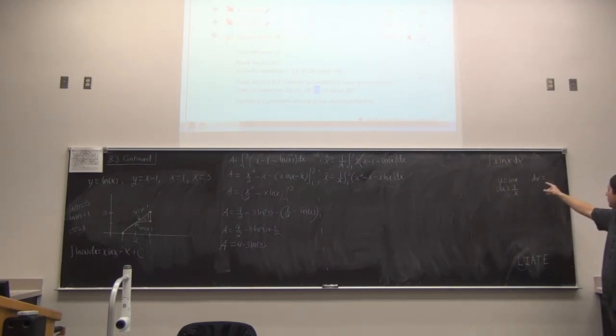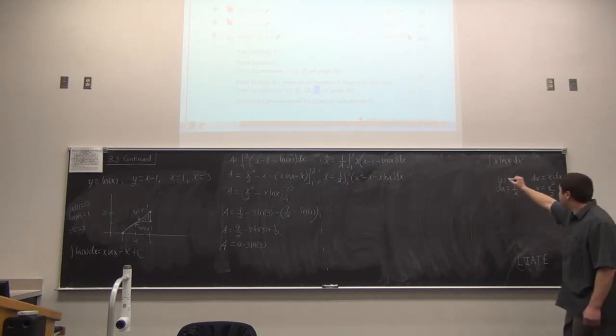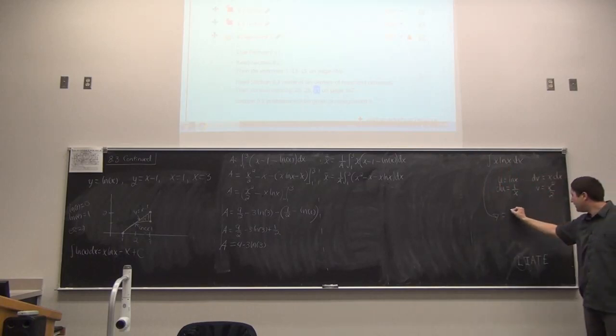Then, if u is natural log x, dv this time has to be x dx. So it's very similar in spirit to what we've done before. Antiderivative this time for this thing will be x squared divided by 2. So now we're ready to express this integral to say that this will be equal to natural log x times x squared divided by 2.